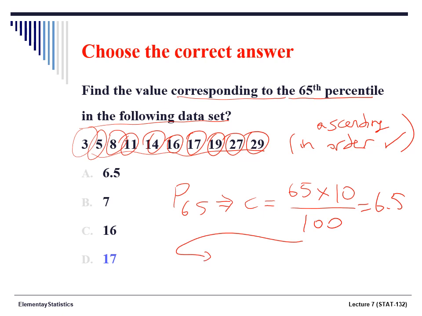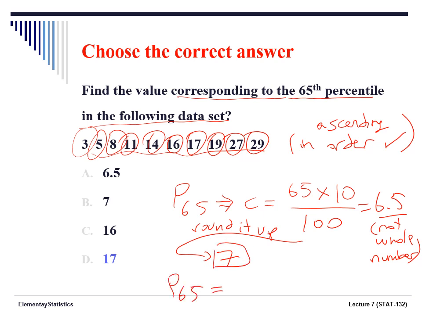So round it up because this is not a whole number. It becomes 7. So P65 is the 7th number in the list.